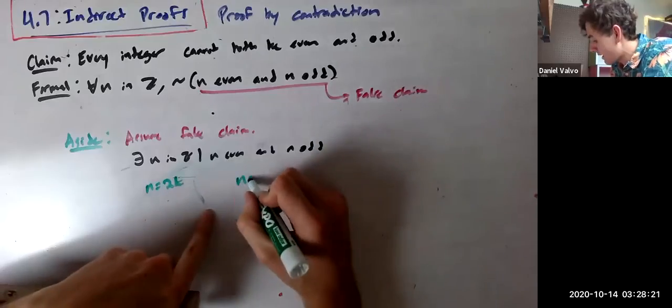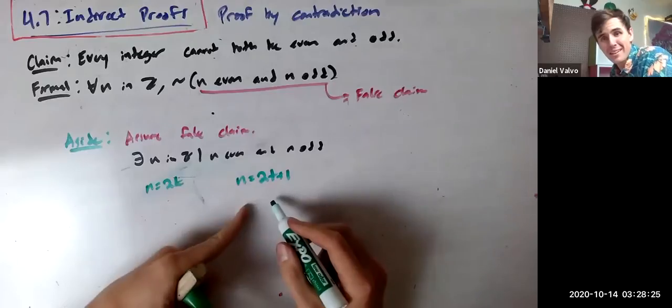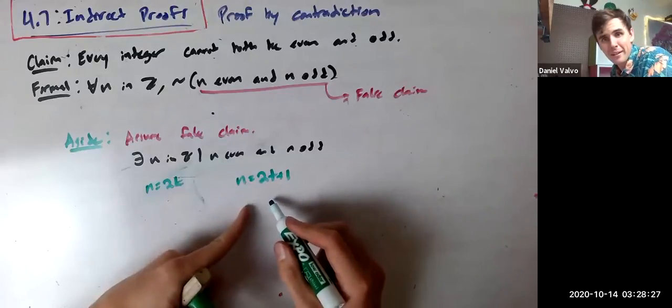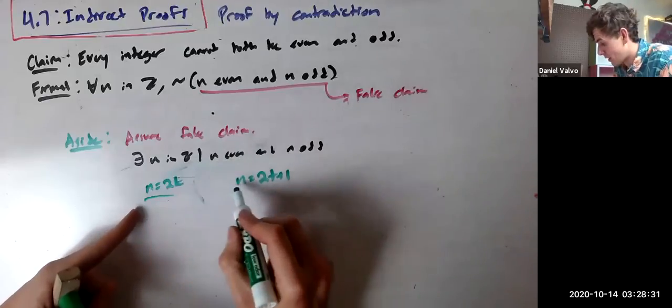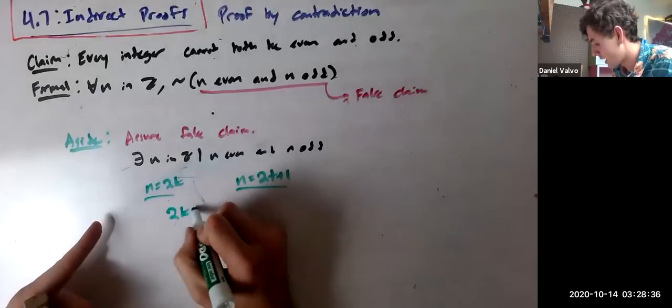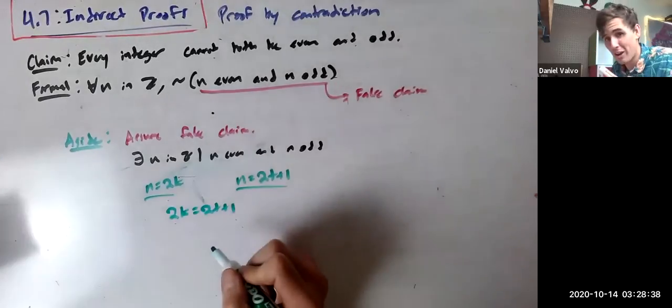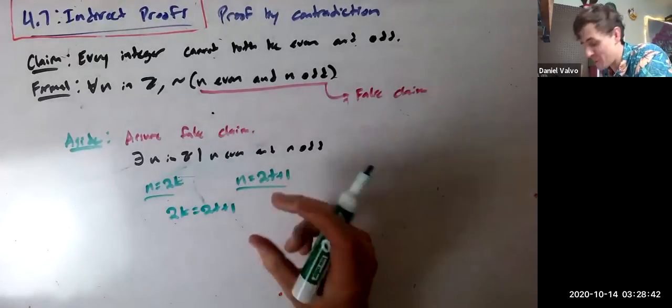N's odd means that n can be written as 2t plus 1 for some integer t. If this truly happened, then that would mean that 2k would equal 2t plus 1. Set them equal, just like whoever recommended.